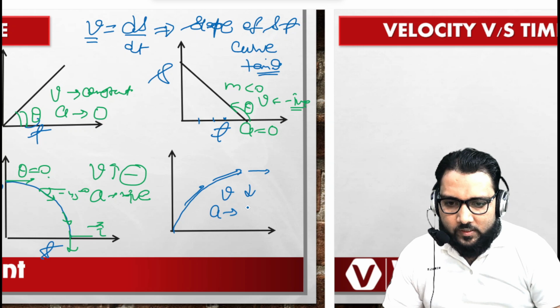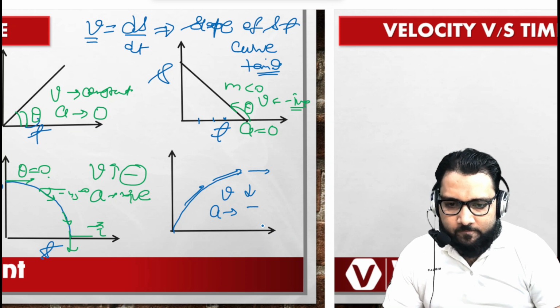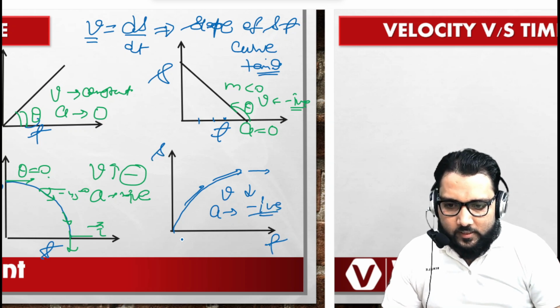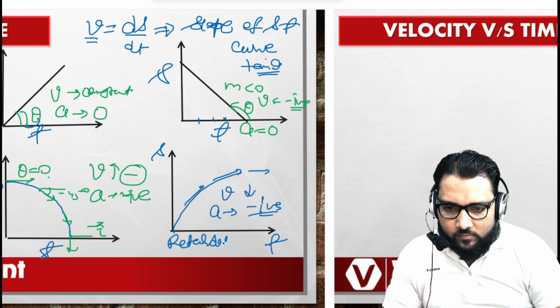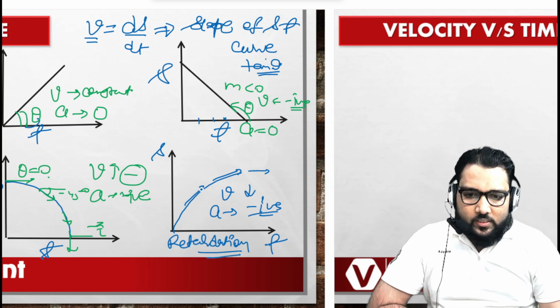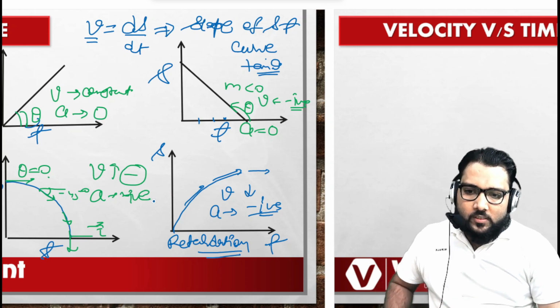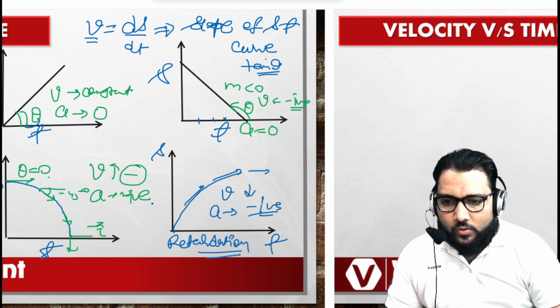The acceleration will be negative, or we can say retardation occurs. This is the st curve. In this case, retardation. So remember, guys, this is the st curve, and this is showing retardation.